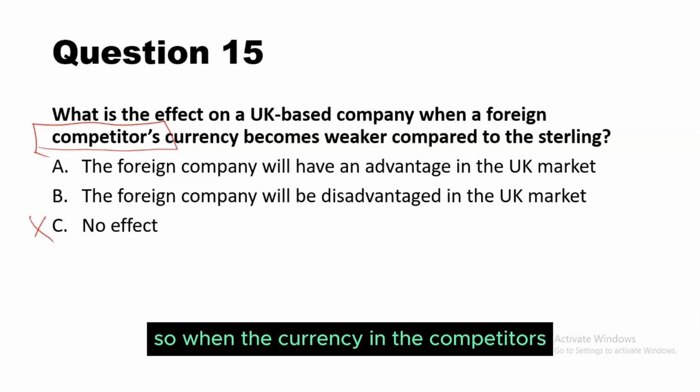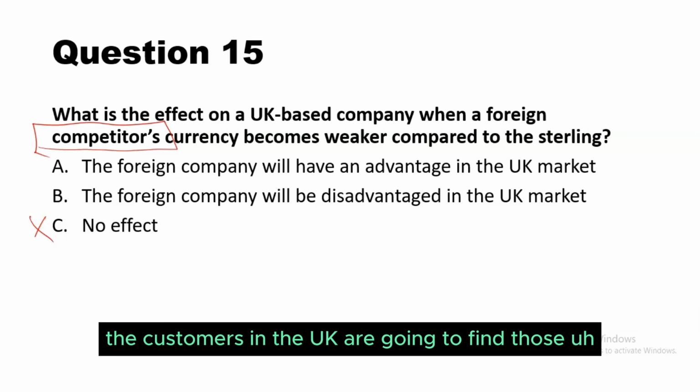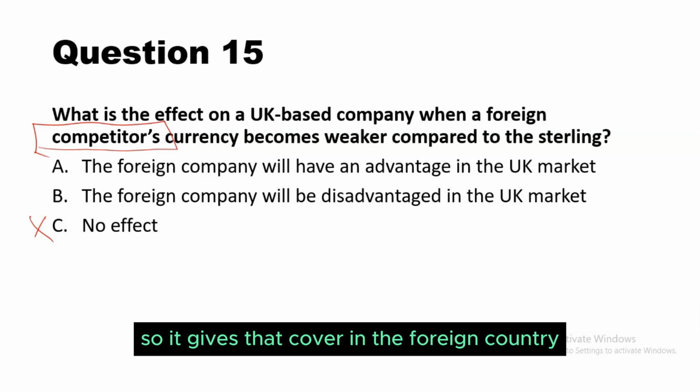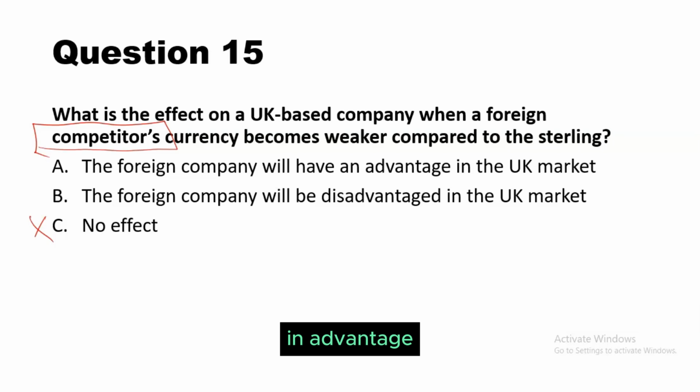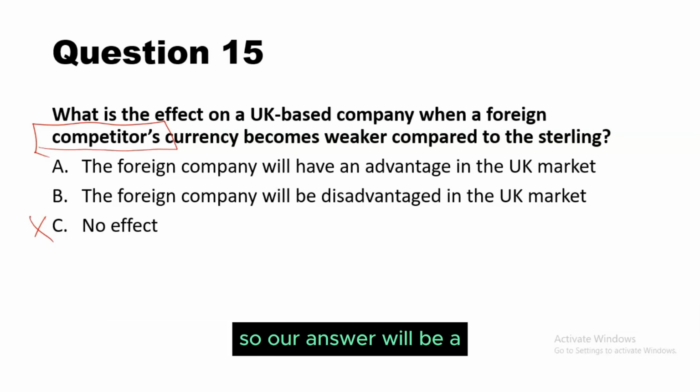So when the currency in the competitor's country has depreciated, it means that the customers in the UK are going to find that company's product cheaper. So it gives that company in the foreign country an advantage over the companies operating in the UK. So our answer will be A.